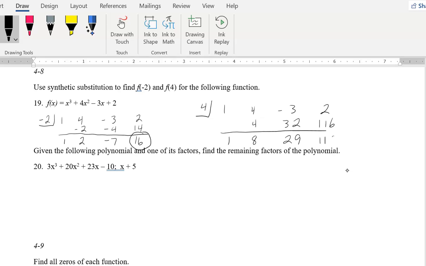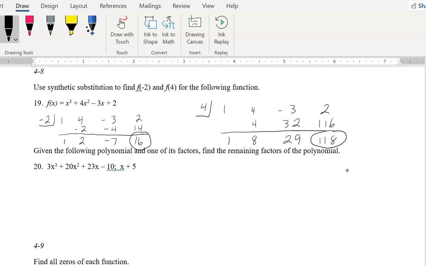And when you add 2, you get 118. So that's my answer for input 4. Substituting 4 in for x should give you 118. And you could check this using old-fashioned direct substitution if you like, if you have time on your test to make sure that you did it correctly.